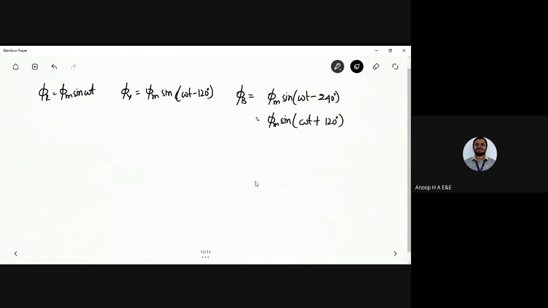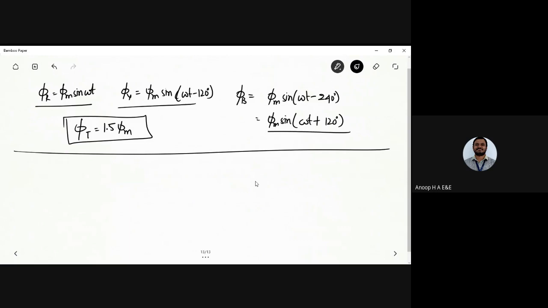Phi t would be equal to 1.5 times phi m, where phi r, phi y, and phi b. Up to this point, this is the important derivation which we consider.